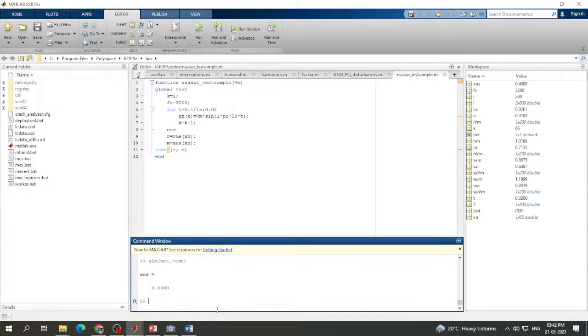So maybe if you give any harmonic signal at that time, it will detect it as sag, not harmonic. So by understanding that, you have to change your input parameters. Utilizing RMS, you are not getting the correct answer. So you have to incorporate another parameter from the signal. If that is not working, then another one. In this way, 4 or 5 parameters you need to incorporate for this.